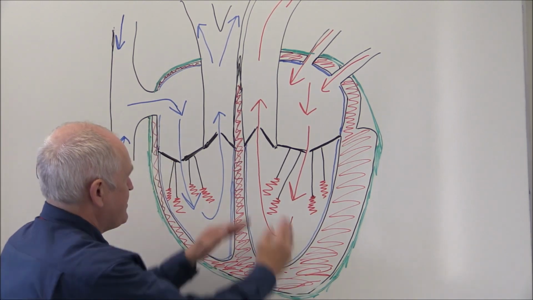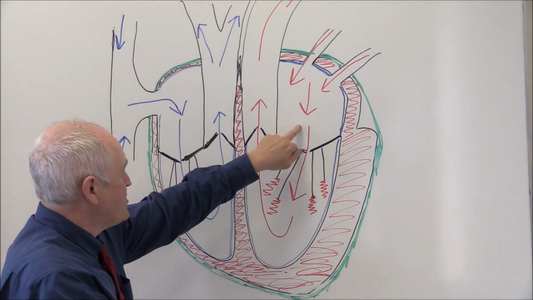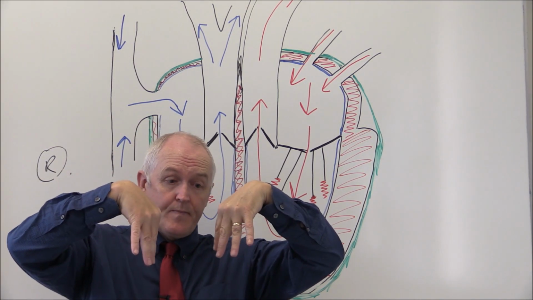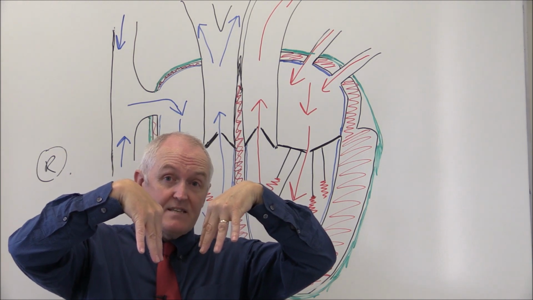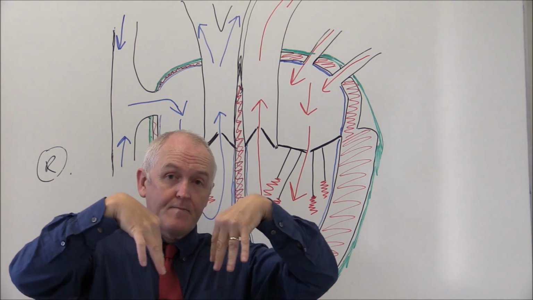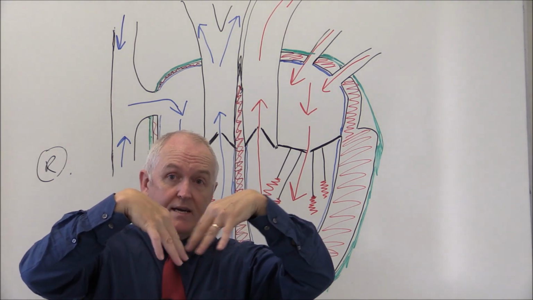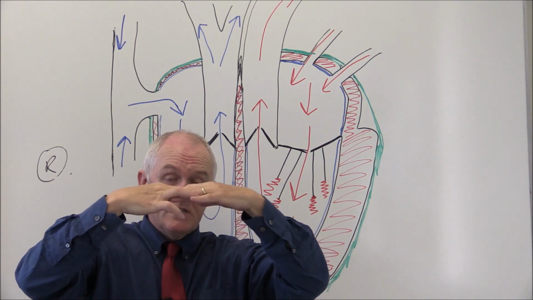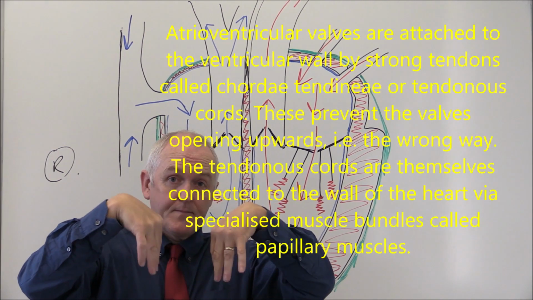And when the pressure increases, because this atrioventricular mitral valve is pointing down the way, when the pressure increases in the ventricles below, that's going to slam that valve shut. So it's going to open down the way, then slam shut. So an atrioventricular valve is going to move like this.